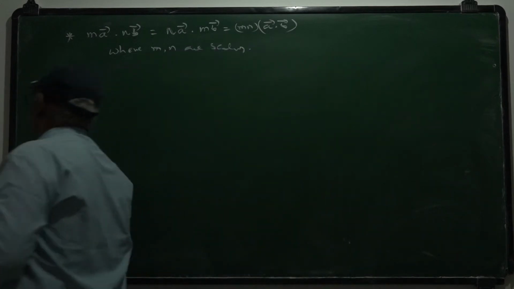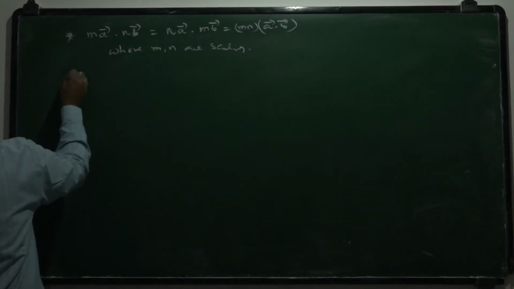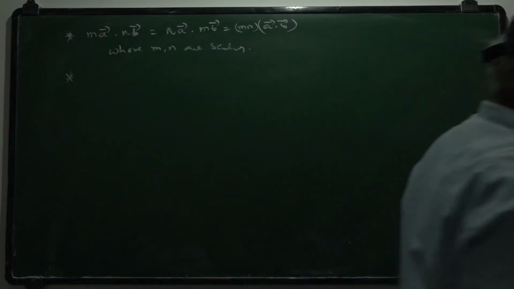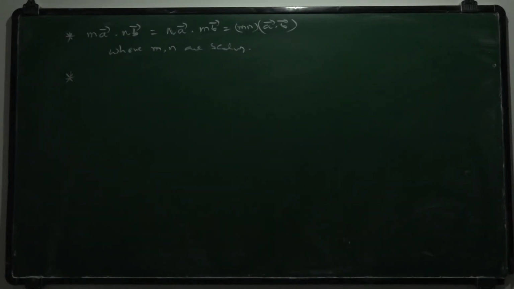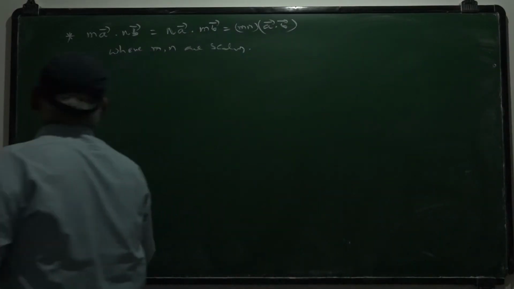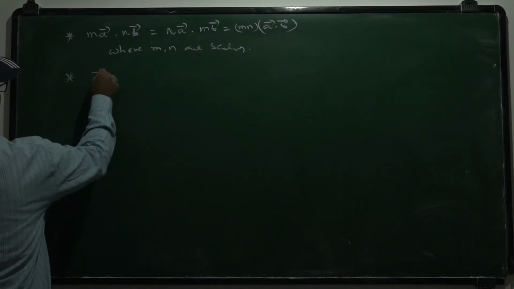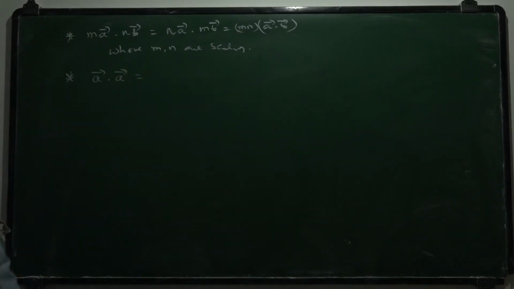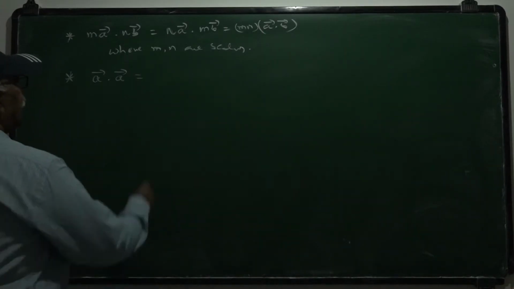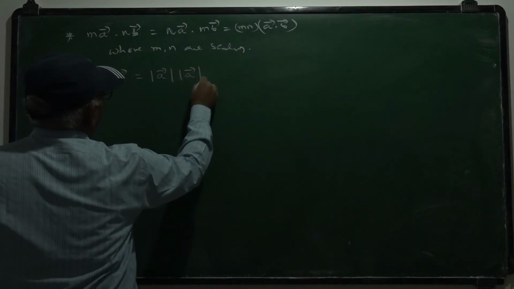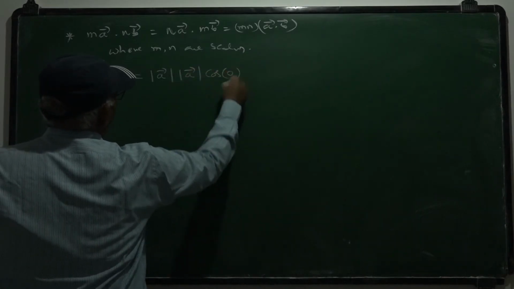Next point. If A bar is a non-zero vector, A bar dot A bar, the dot product of a vector with itself, is modulus of A bar squared times cos 0 itself.